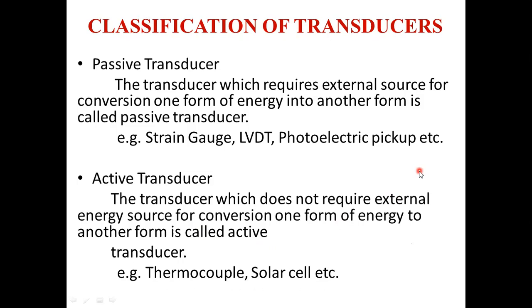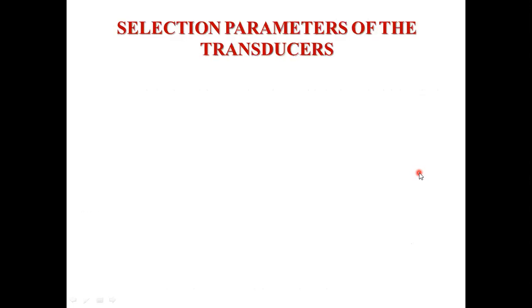Next, the transducers we are using have some advantages. Before that, there are selection parameters. While explaining the syllabus, I told you that there are some selection parameters if we want to choose a transducer.